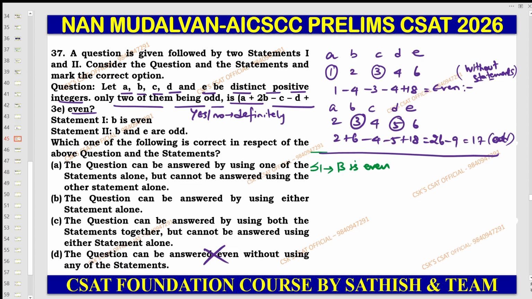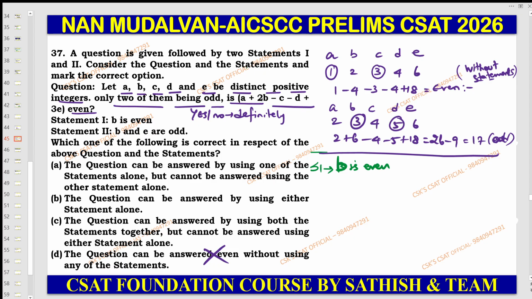That is a possible case you can pick up. But when it is specifically stated here that B is even, you should not pick the odd. That is why this condition is provided as B is even. So therefore, you have to be very careful. If B is even here, now understand, only two of them are odd.